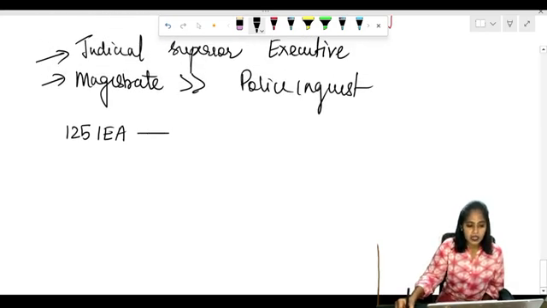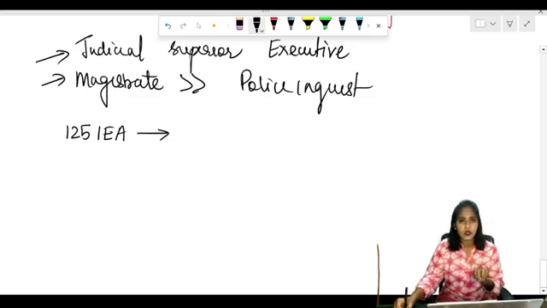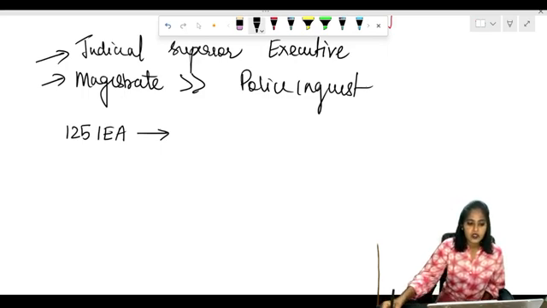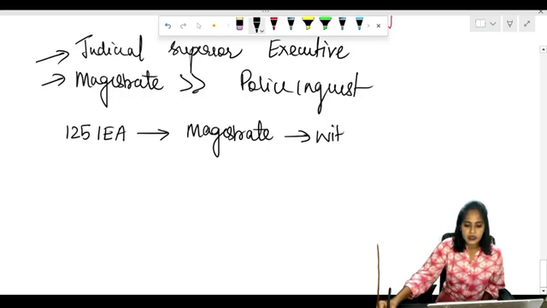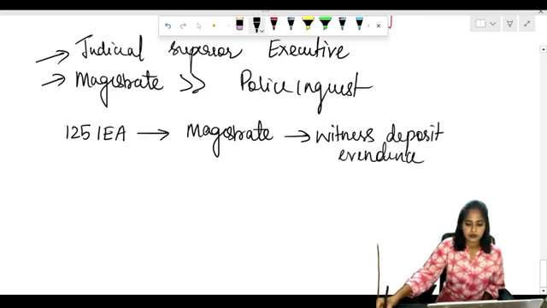There are witnesses who see the scene and they will be able to produce evidence in the court, no? So when an executive magistrate conducts an inquest, the witness deposing the evidence is admissible in the court.